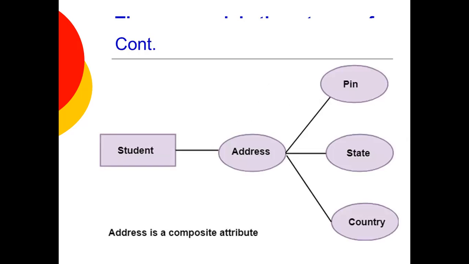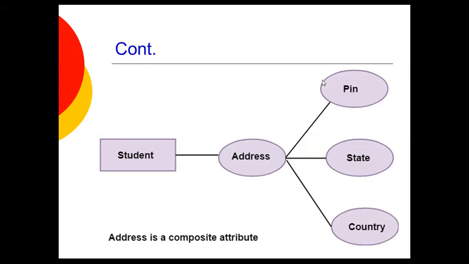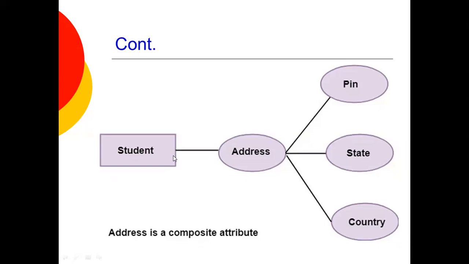For example, here you can see student and then address. We are going to divide this address as pin, state, country. So address will act as a composite attribute because it is combining the pin, state, country, or more.